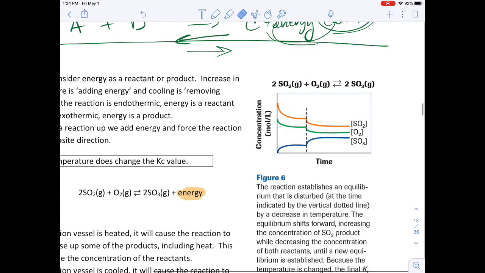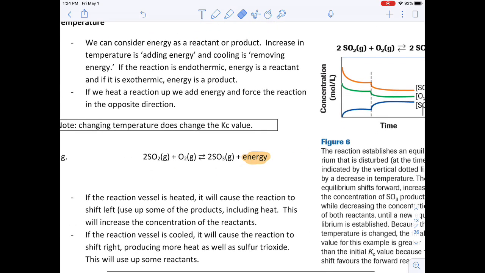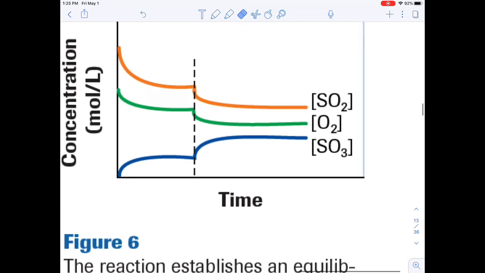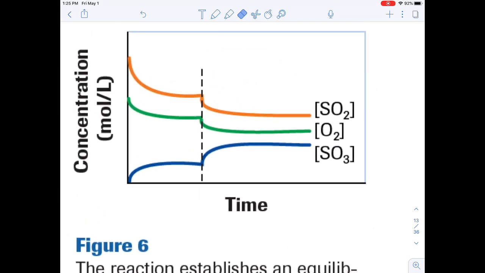And that's our basic move for all Le Chatelier's principle when we are deciding it. Once I know if this is going to be endothermic or exothermic, write the energy as a reactant or a product. Then, if it's heated, it uses the energy up. If it's cooled, it replaces the energy. Now, when it comes to graphs, it's a little harder to spot. Before, we had one chemical that suddenly increased or suddenly decreased.